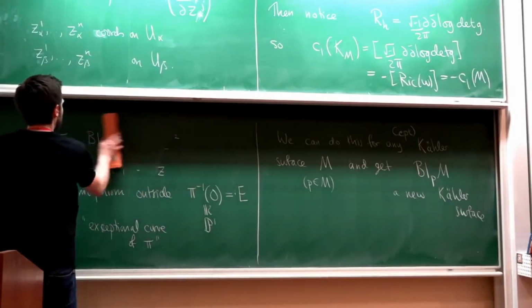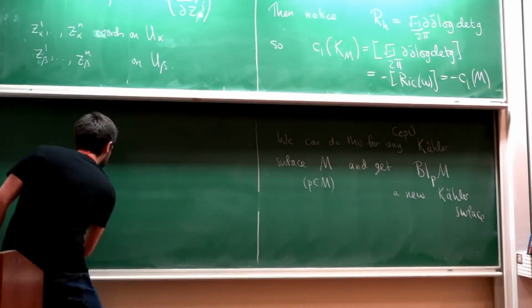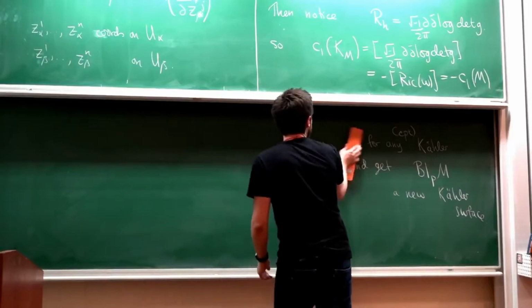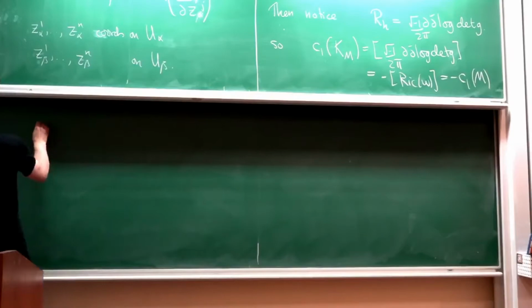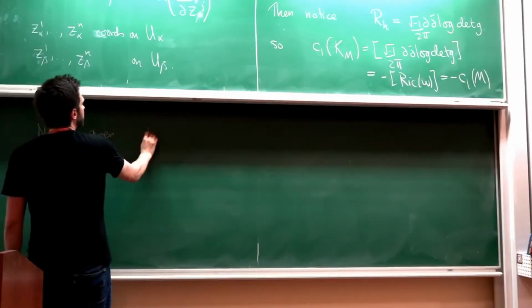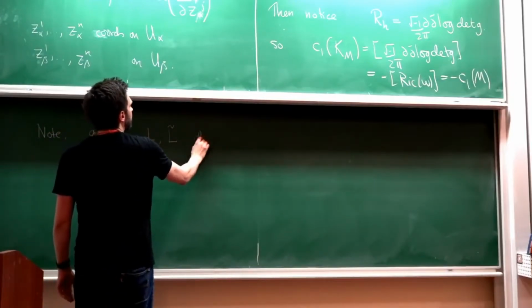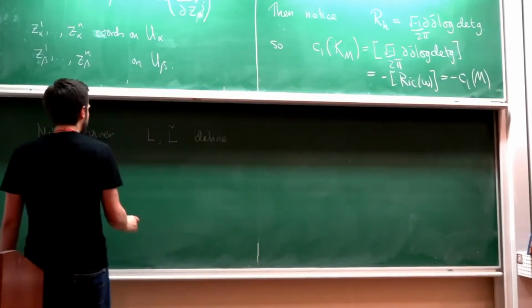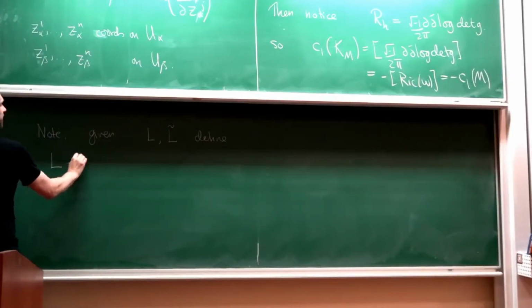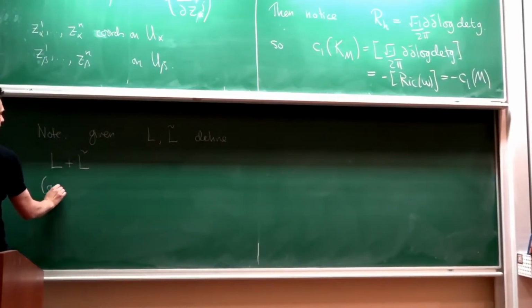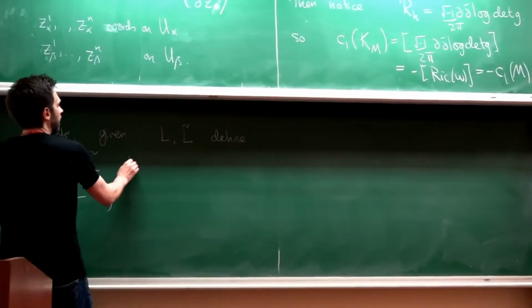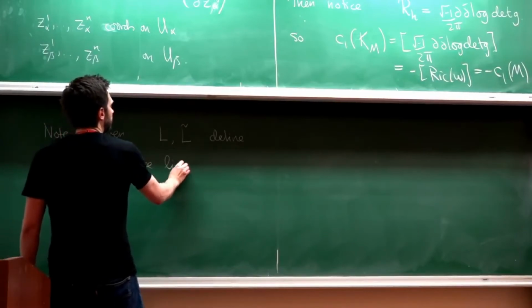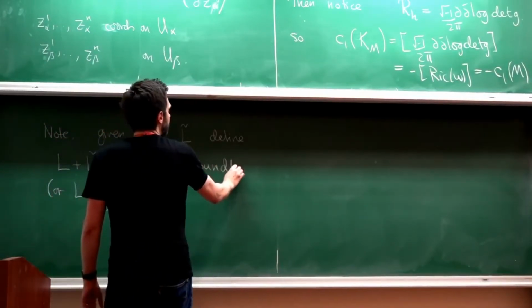There's an operation that we can do, of course, on line bundles, and that is we can take tensor powers. So if you're given line bundles, say L and L tilde, you can define, I prefer maybe we'll use the additive notation L plus L tilde, or you can use the multiplicative L times L tilde, to be the line bundle where you just multiply the transition functions.